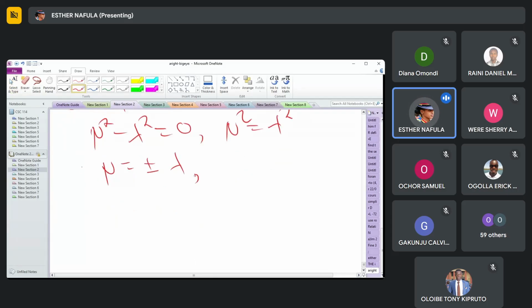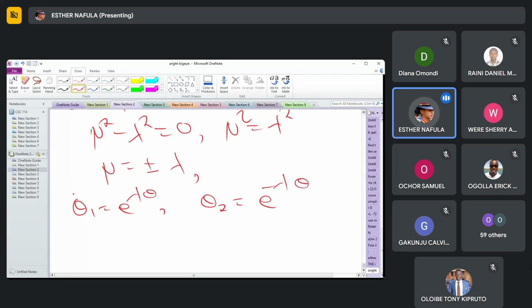So what is theta in this case? Theta 1 is equal to e power lambda theta, and theta 2 is e power negative lambda theta.